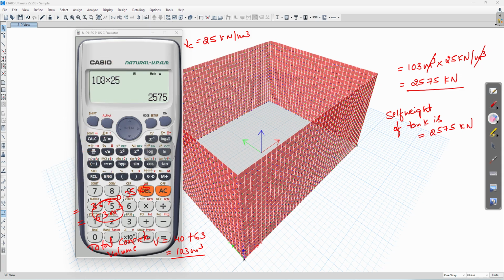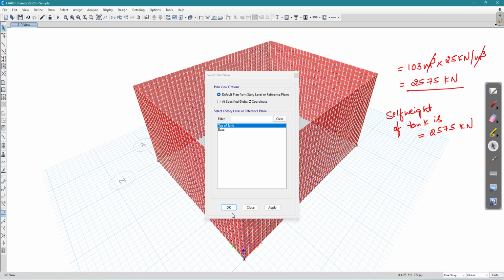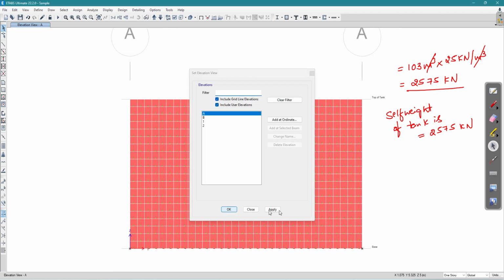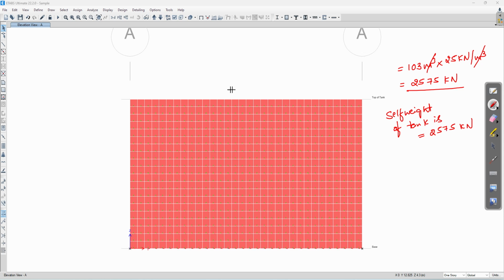So my question is, when will the tank lift up? See here, you calculated the self weight of the tank, it is 2575 kilonewton.